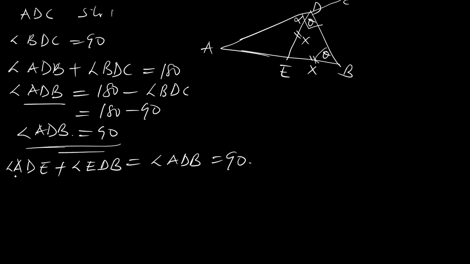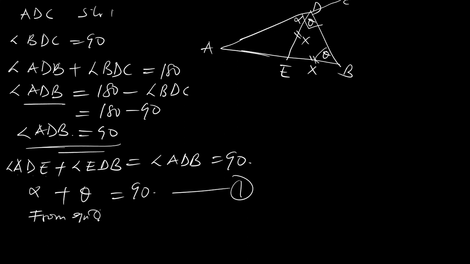So angle ADE is alpha plus angle EDB is theta, which is equal to 90. So this is equation 1. It means that alpha plus theta is equal to 90. From this equation 1, if you move this to the other side, alpha is equal to 90 minus theta.